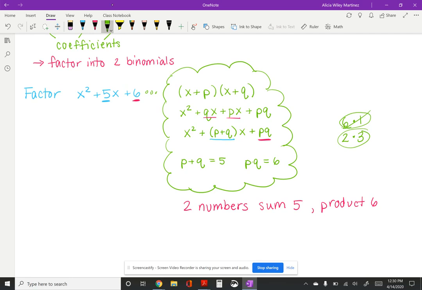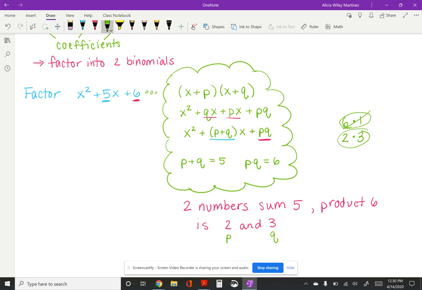So two numbers whose sum is 5 and product is 6 is a 2 and a 3. So that means our values of P and Q are going to be positive 2 and positive 3. You could say that this is your P and this is your Q, or vice versa.